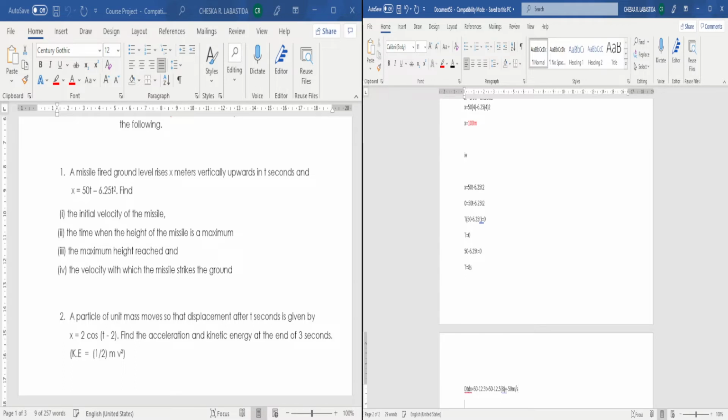So the dx/dt on this is going to be 50 meters per second downward.